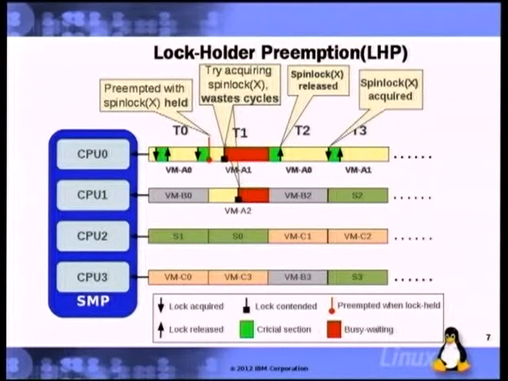But the vCPUs A0 and A1 being on the same physical CPU don't get a chance until they get a new slice and take the lock and release it.